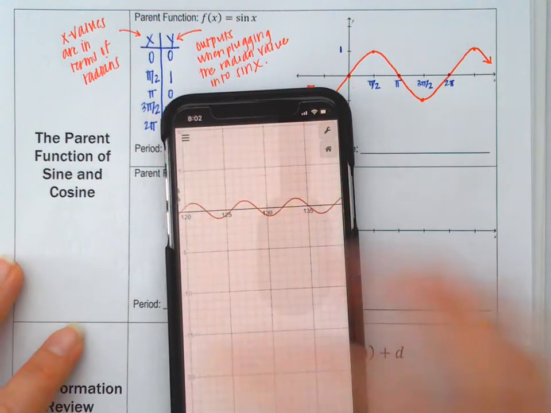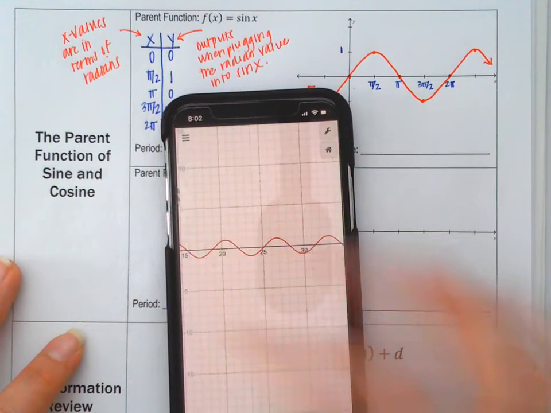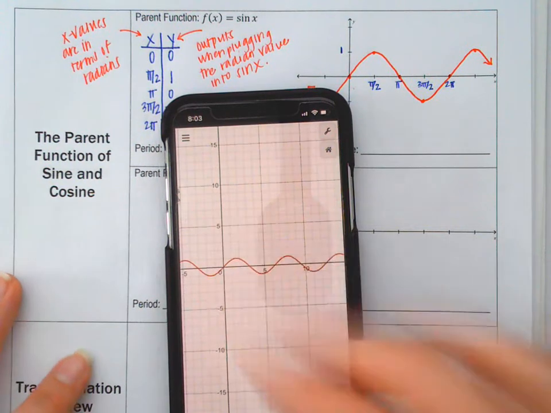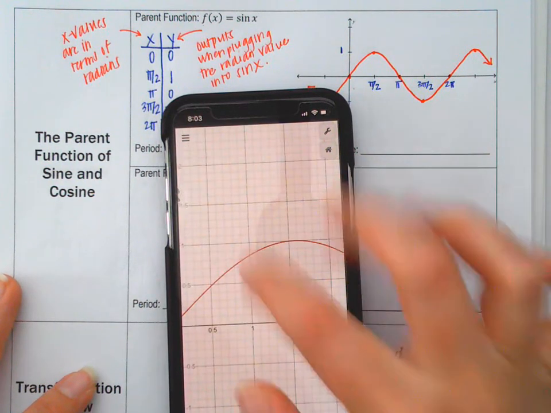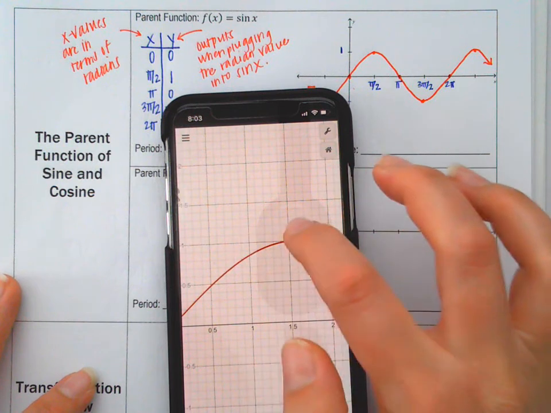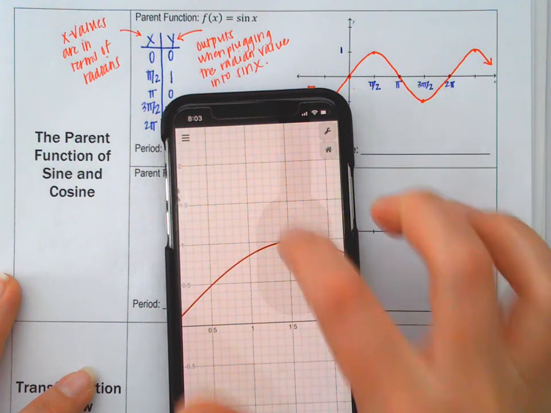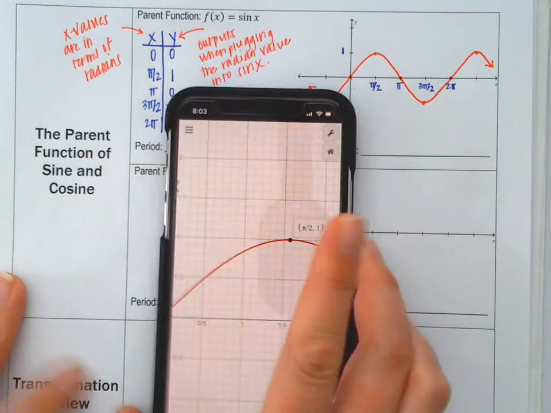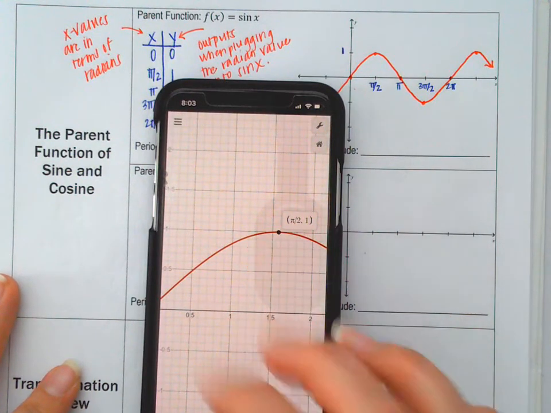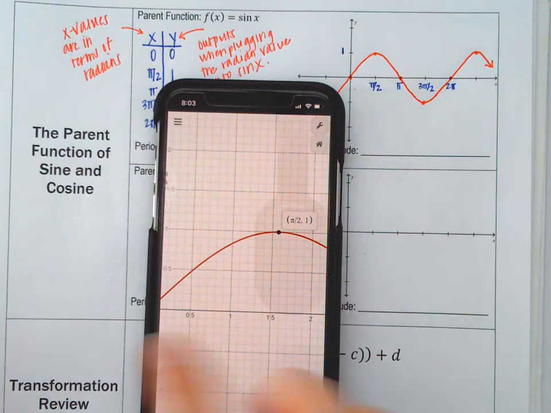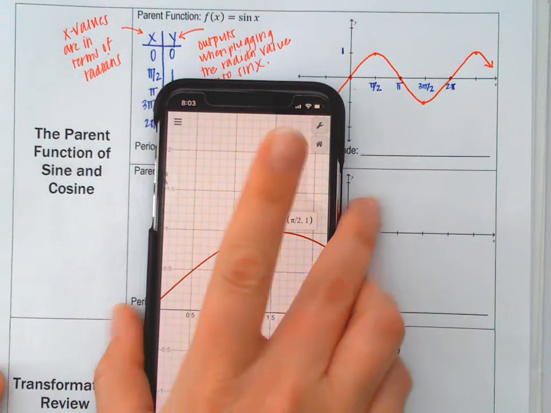So when I go back, if I zoom in, now it's hard to tell where this highest point is because it's in radians. But now you can see pi over 2 is at 1. It actually converts it, even though you're not seeing that on the x-axis. It converts it to radians on Desmos because that's how we typically deal with trig functions.